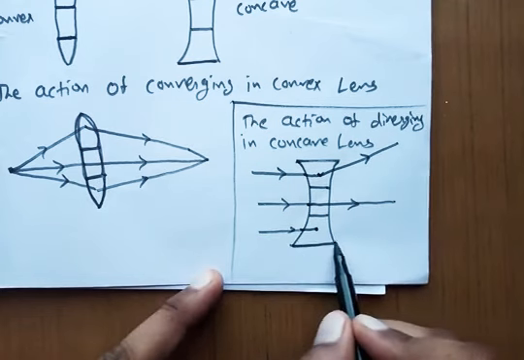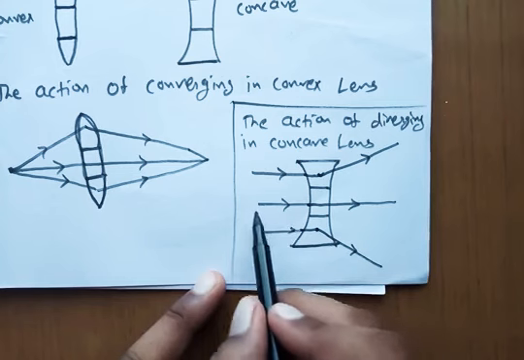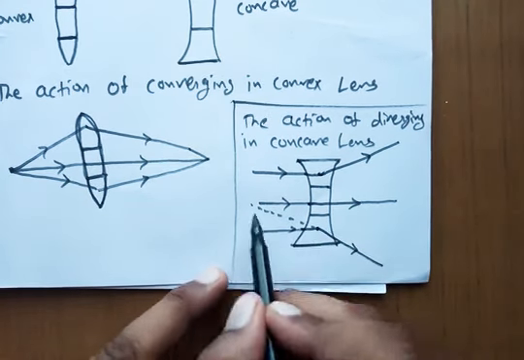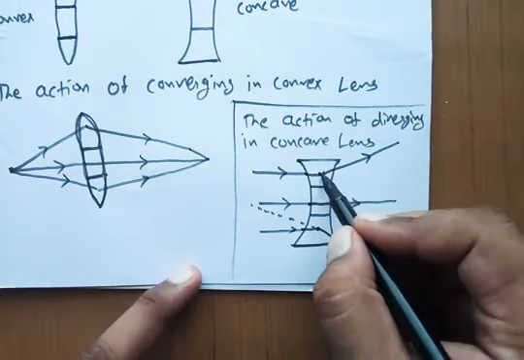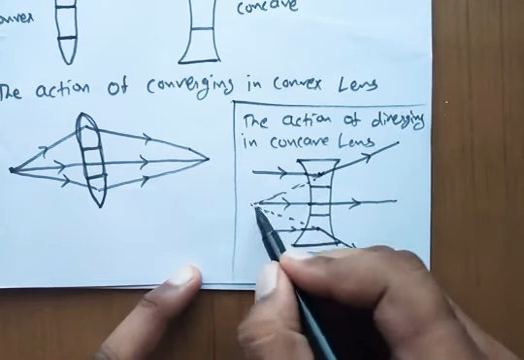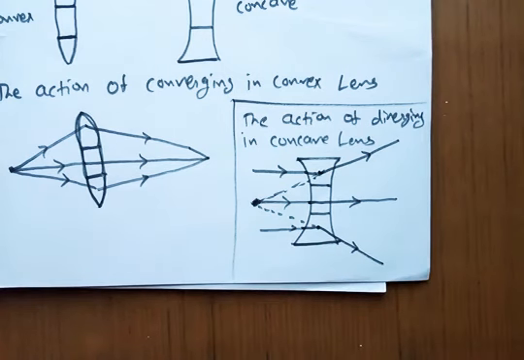It is downward, so it will go like this. If I draw dotted lines in the refraction directions and connect all 3 lines, I get one point, and at that point we get the image, which is a virtual image, because we get that image by virtue of the lines extended backward. Clear? So that's the action of diverging in a concave lens.